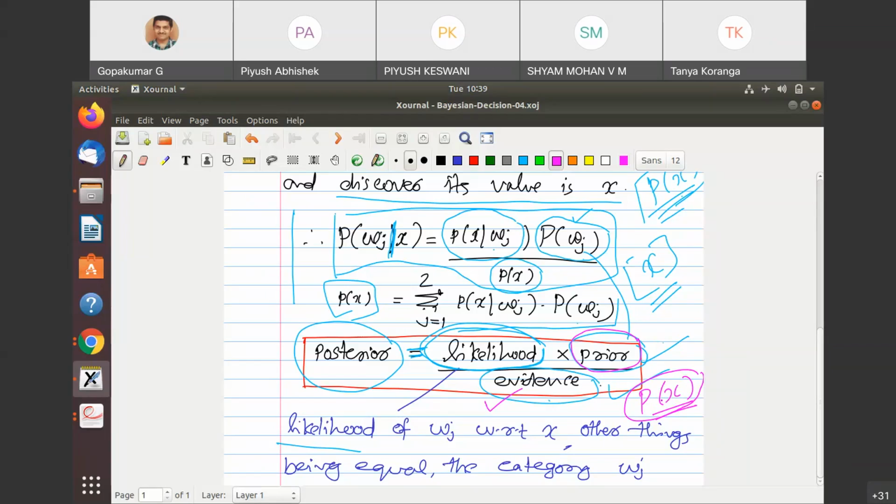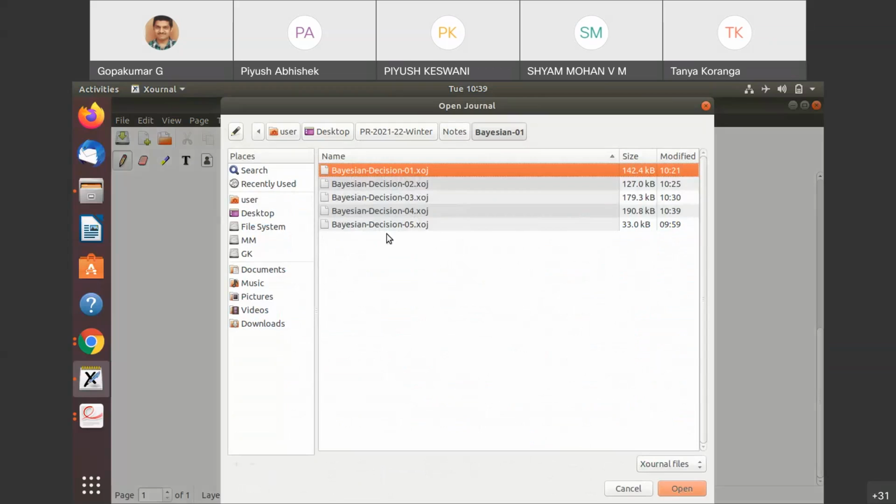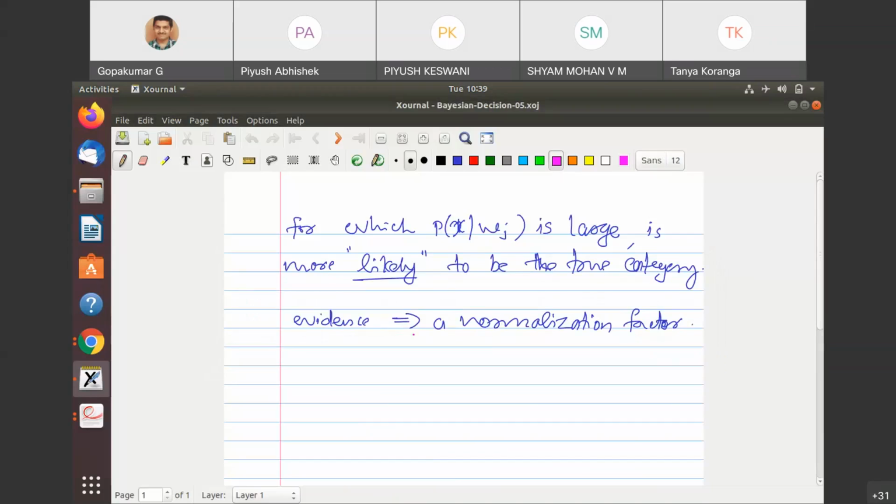Suppose we are measuring the likelihood of Wj with respect to X. With other things being equal, the category Wj for which the probability of X given Wj is larger is more likely to be the true category.